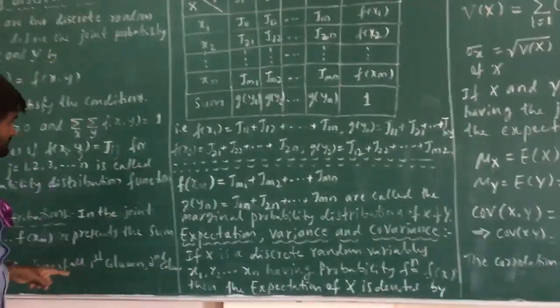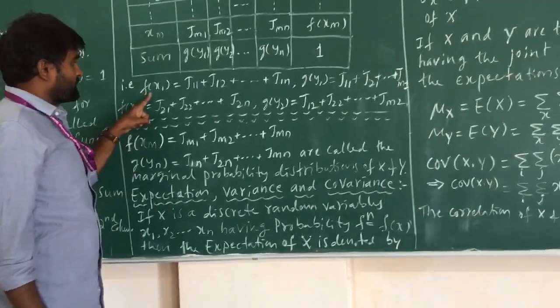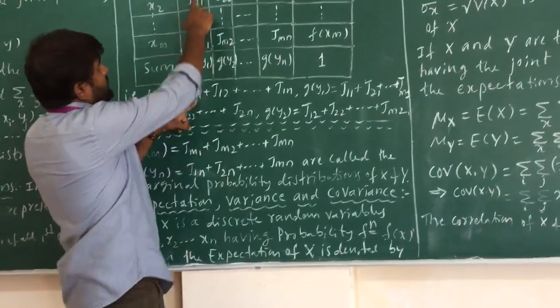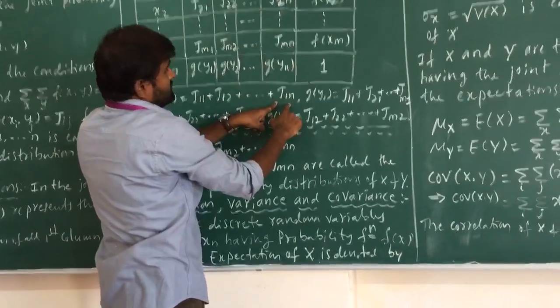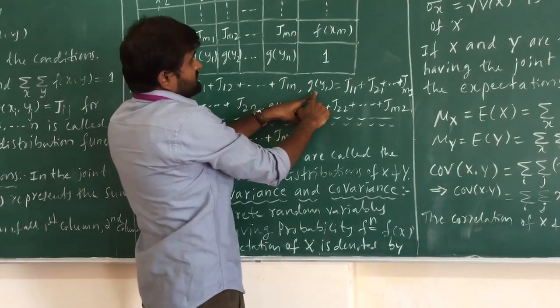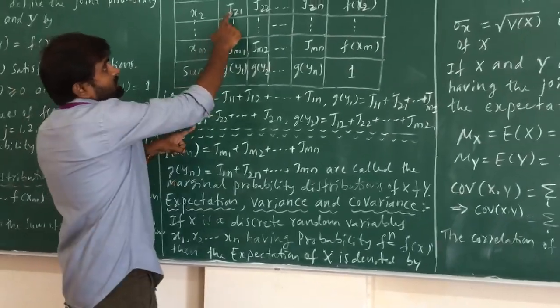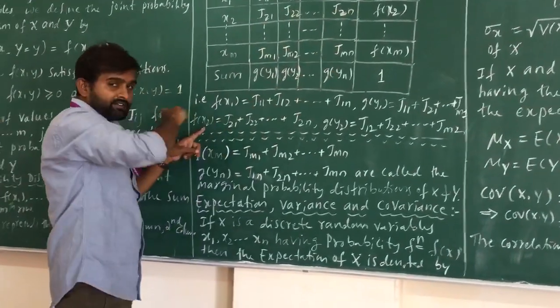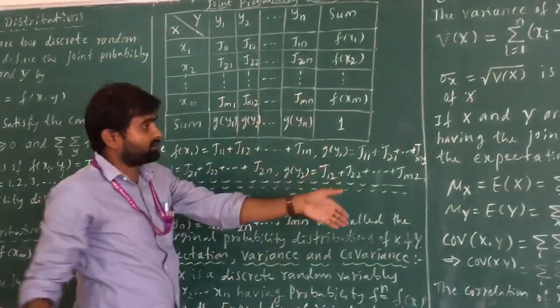Here I have written the definitions. F of x1 is nothing but J11 plus J12 and so on up to J1n. Next, f of x2 is the row wise sum. F of x is the row wise sum, then g of y1 is the column wise sum.